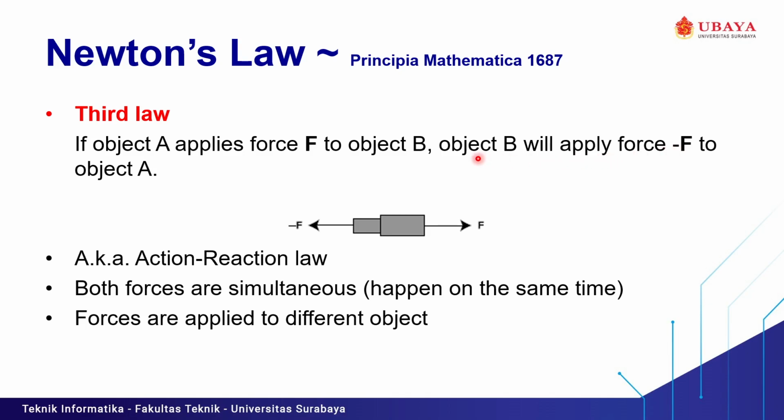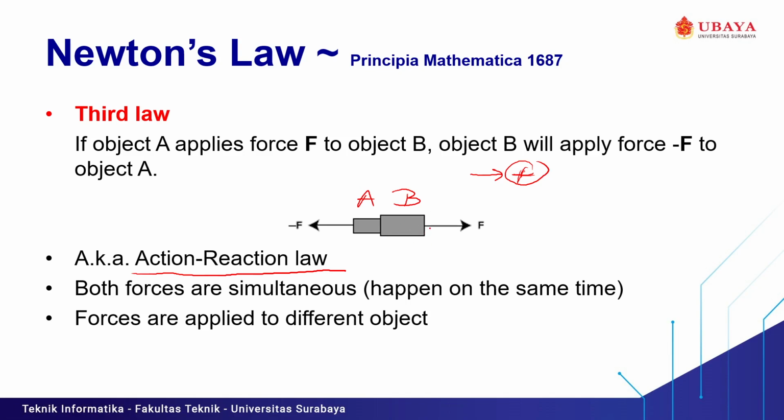So here object B will apply force negative F to object A. In this example, we can label this box as A, and this one as B. If object A applies a force F to object B, and we assume the positive axis points to the right, then object B will apply a force negative F to object A. This is known as the action and reaction law.